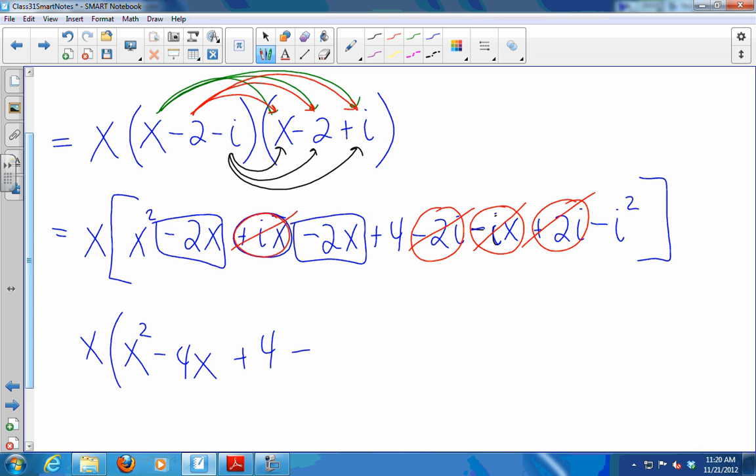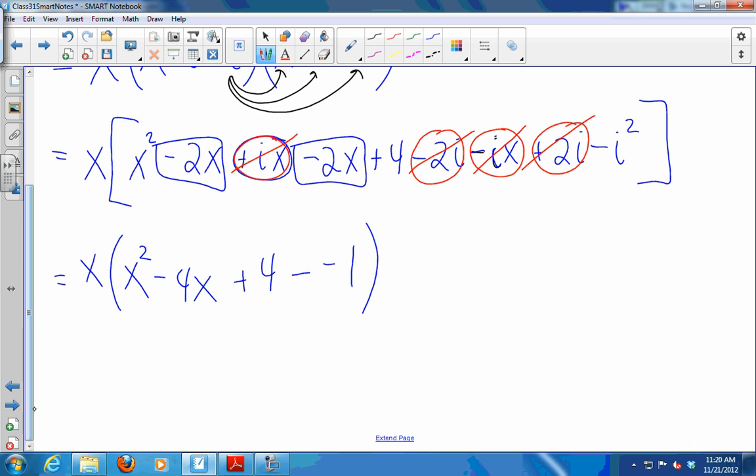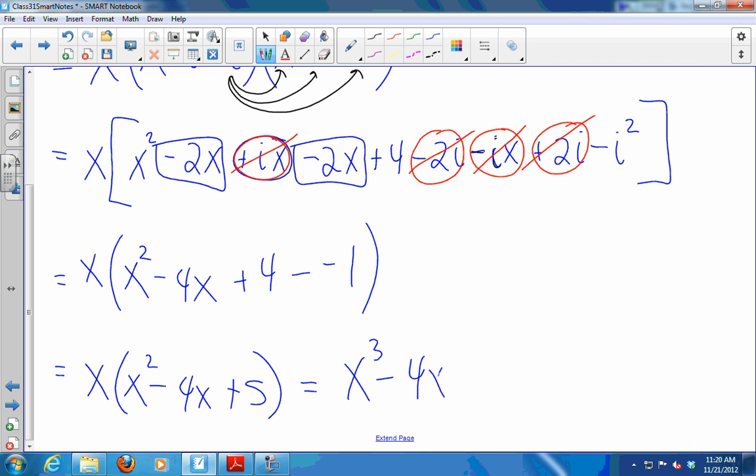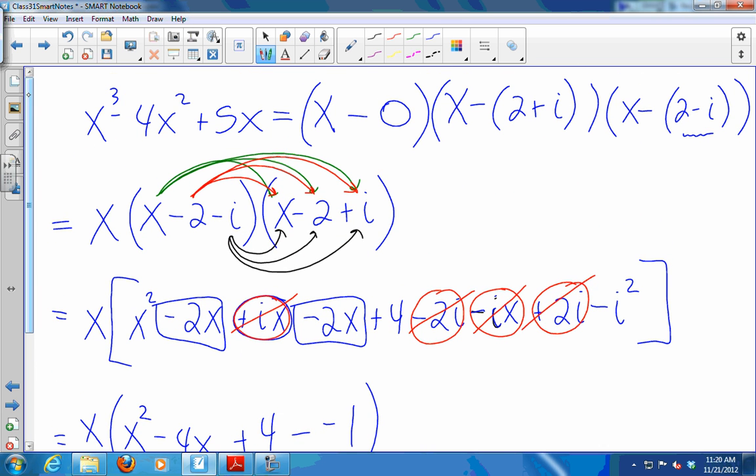So this is minus negative 1. So this is x times x squared minus 4x plus 5. And when I distribute that last x, I get x cubed minus 4x squared plus 5x, which was the original polynomial.